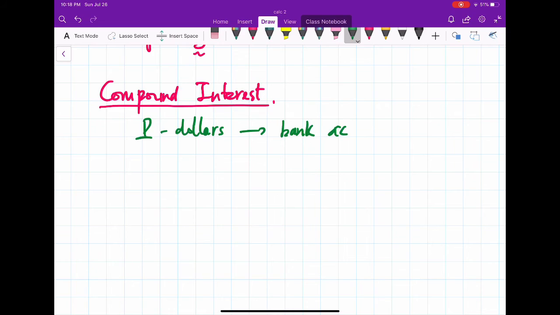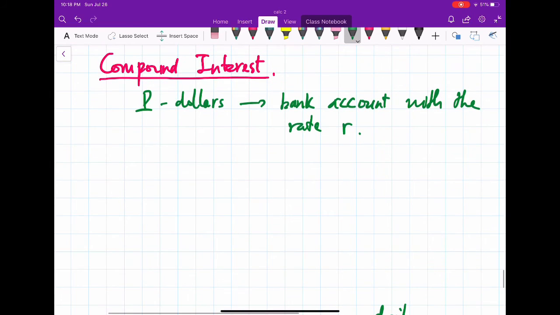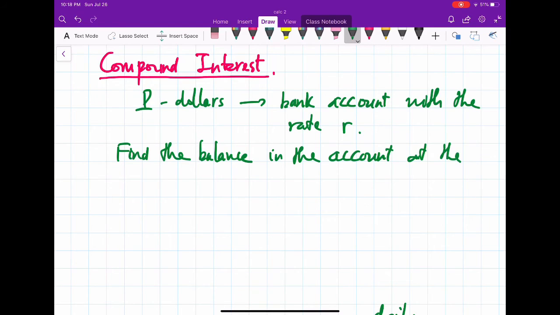To a bank account with the rate R, okay? And you are interested in what happened in your account after a year, okay? Means you want to find the balance in the account at the end of a year.